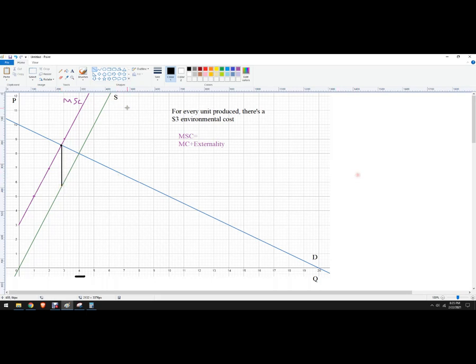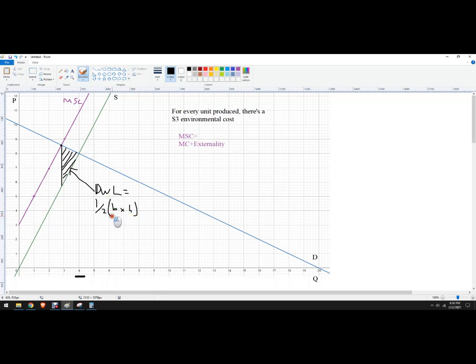So the area of this triangle here is the deadweight loss. It's like the extra production that's not being paid for by either the consumer of the product, who's on the demand curve, or the producer of the product. That can be calculated as 1/2 base times height.